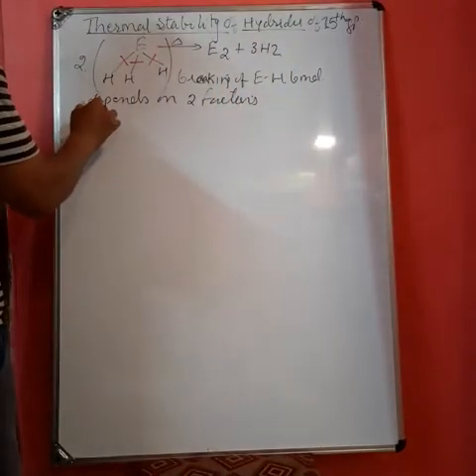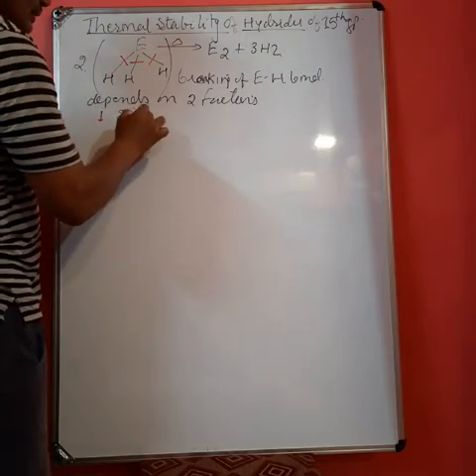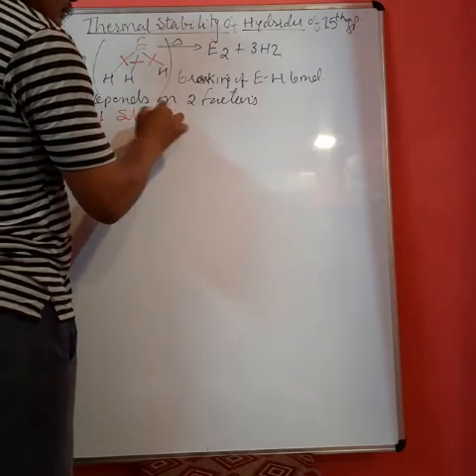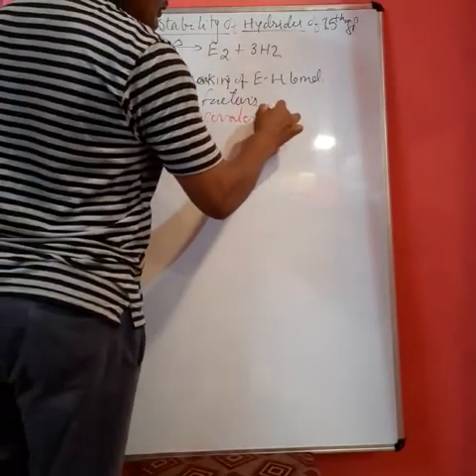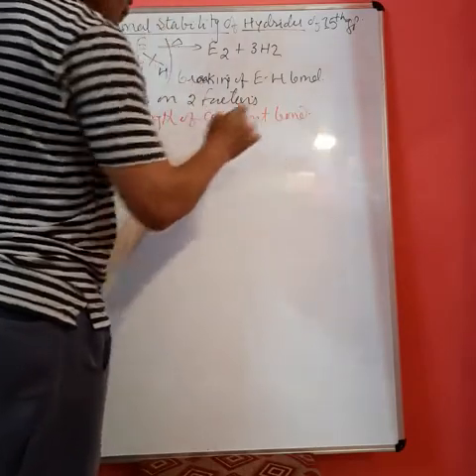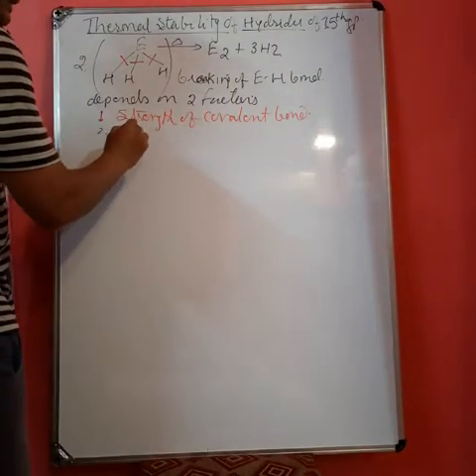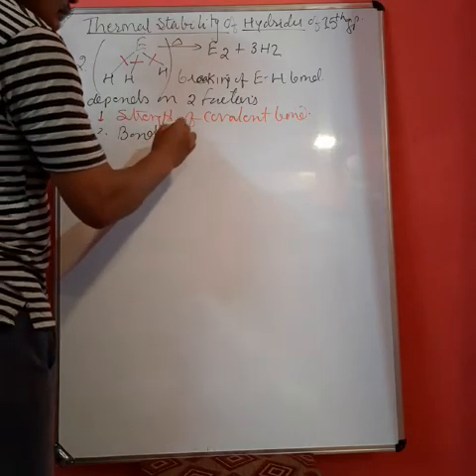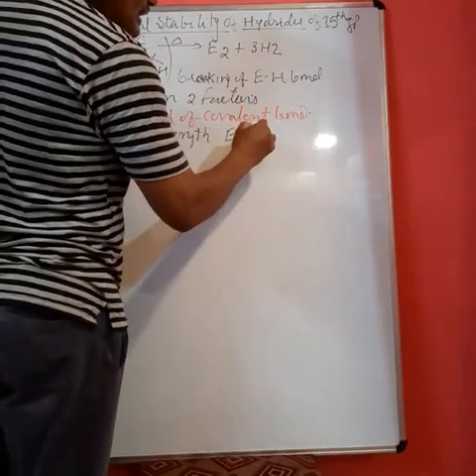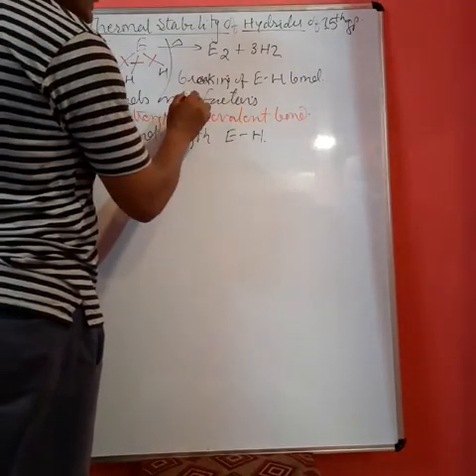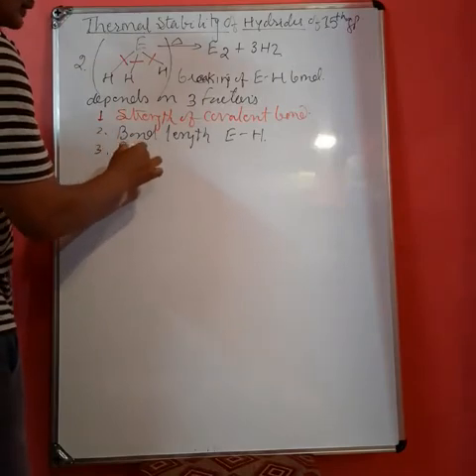First one, strength of covalent bond. Second one, bond length, that is, E-H bond length. We can say three factors. And the third one is bond dissociation enthalpy.